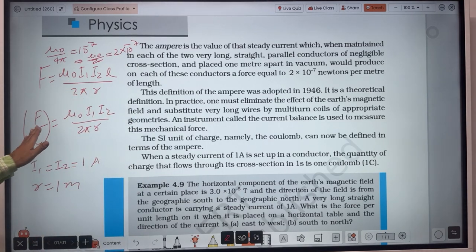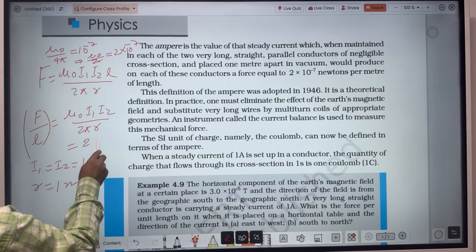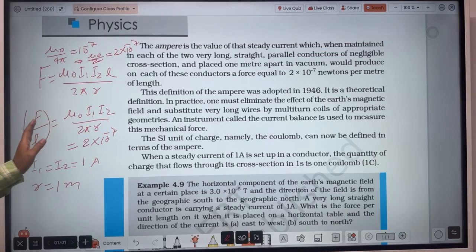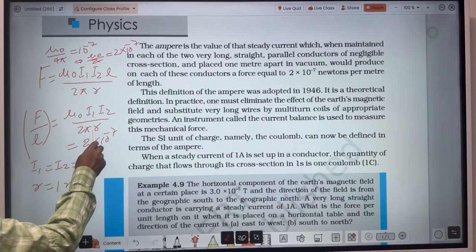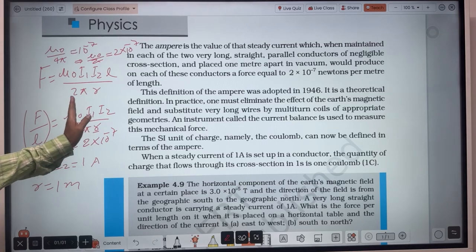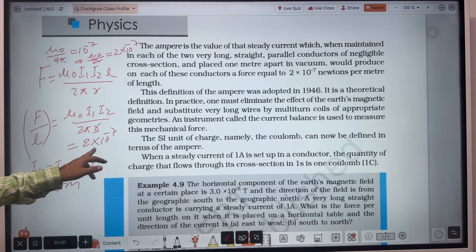So here force per unit length will be equal to 2 into 10 power minus 7 Newton per meter. One very important conclusion you can draw is that if there are two conductors whose separation is 1 meter and they carry current 1 ampere, then the force between them will be 2 into 10 power minus 7 Newton per meter.